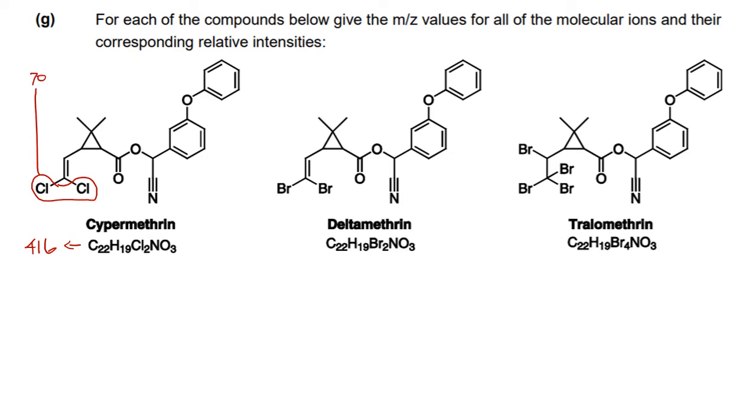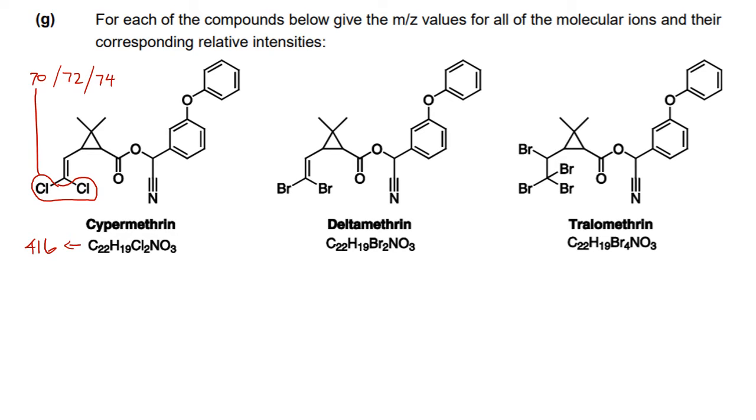It could be, this part of the molecule could be 70. It could be 72 when we've got a 35 and a 37, or it could be 74 when we've got two 37s. The first one of 70 is when we've got two 35s. In which case, our 416 is never actually 416, is it?